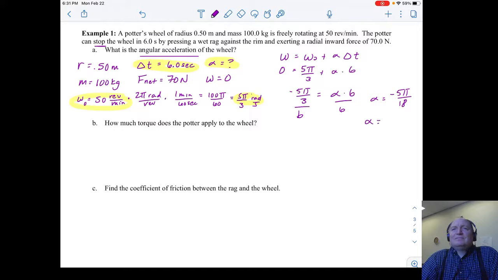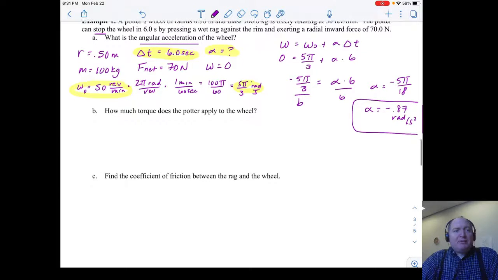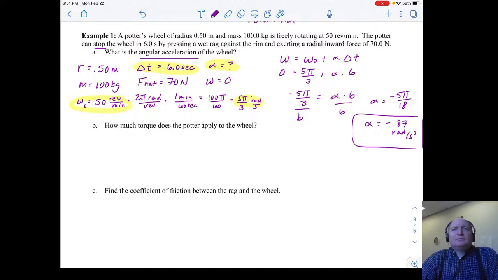Or if I put this as a decimal, let's see, 5 times negative pi divided by 18, I get negative 0.87 close enough radians per second squared. Or radians per second per second. Okay, next question. How much torque does the potter apply to the wheel?